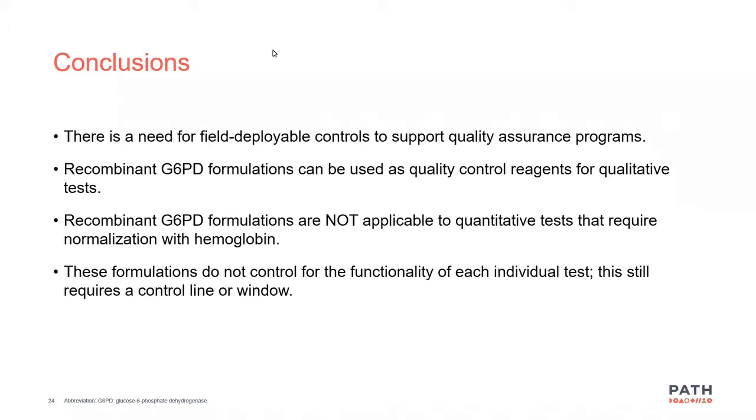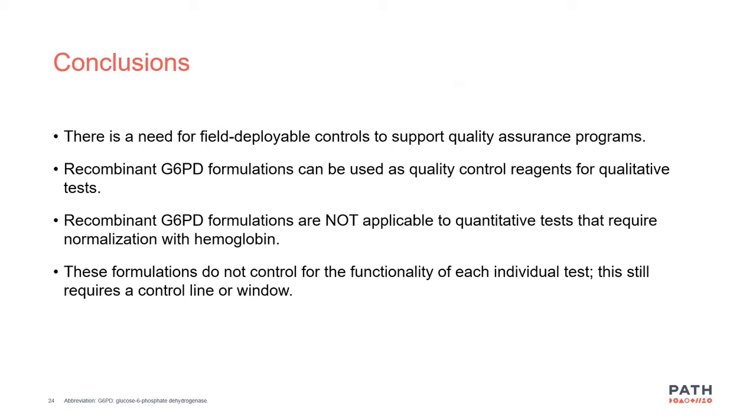So in conclusion then, there is a need, as Germana's pointed out, we need to have field deployable controls to be sure the tests are working and the results are valid. These recombinant G6PD formulations can be used for qualitative tests. Keep in mind, at this point in time, these recombinant formulations cannot be used in any quantitative tests that require normalization with hemoglobin.